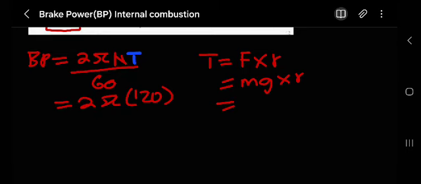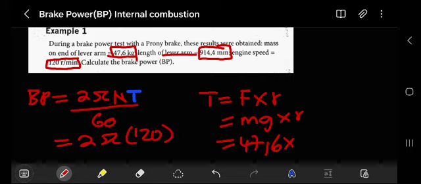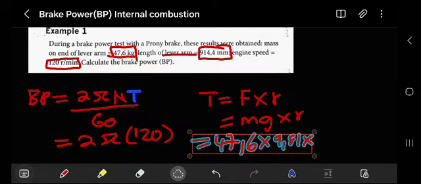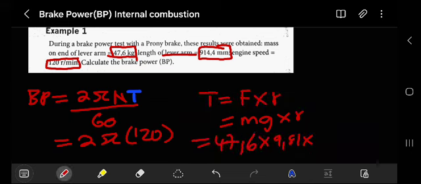The mass we're given is 47.6, multiplied by gravity, 9.81, times the lever, 914.4. To convert this from millimeters to meters, you divide by 1000, or you can raise that to the power of 3.